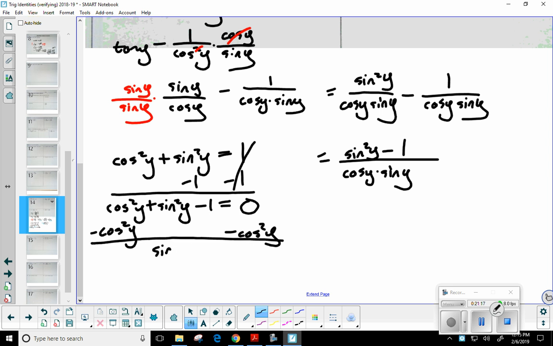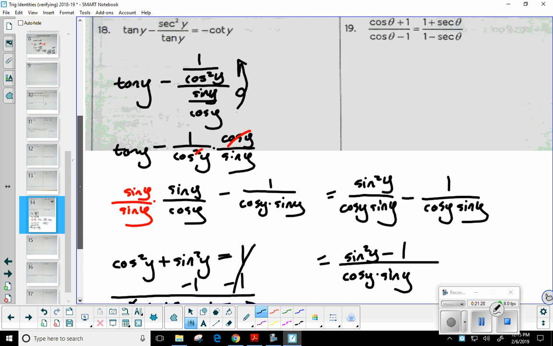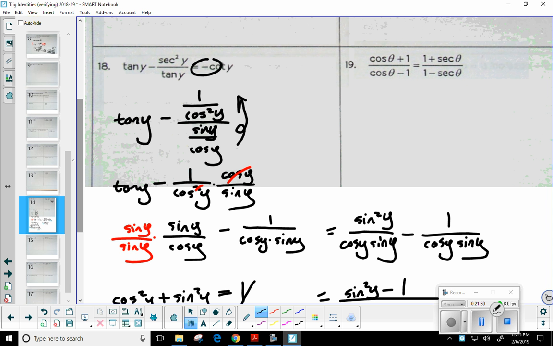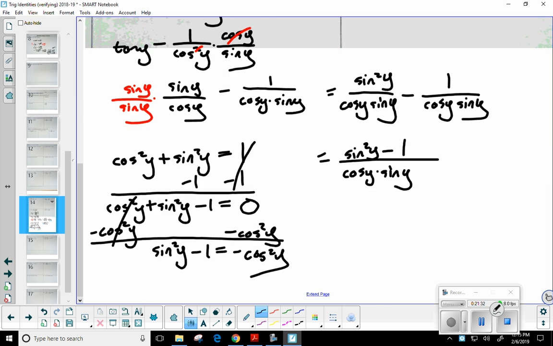So sine squared y minus 1, when those cancel, should equal negative cosine squared of y. Now, this actually works out nicely because you notice the other side is what? Negative. So at some point we had to incorporate a negative in there. So I'm going to take the sine squared minus 1, and I'm going to replace it with that negative cosine squared y.